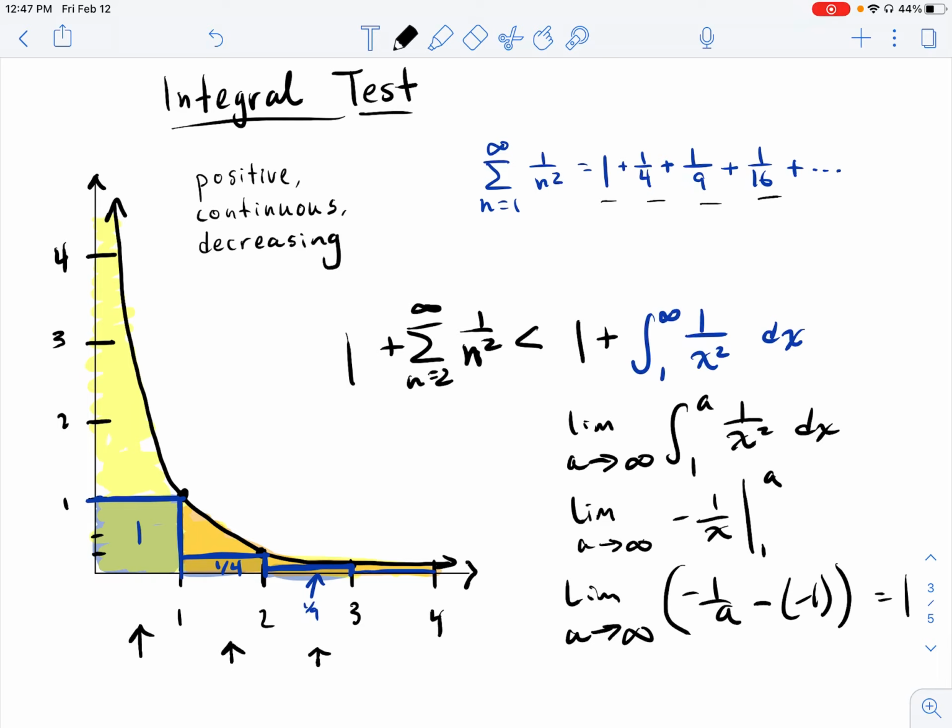In other words, the sum of these terms are an under approximation for the actual area underneath this curve. And if the area underneath this curve is convergent to a finite value, then the sum of these terms up here must also be convergent to a finite value.